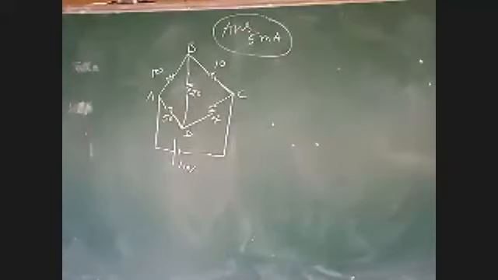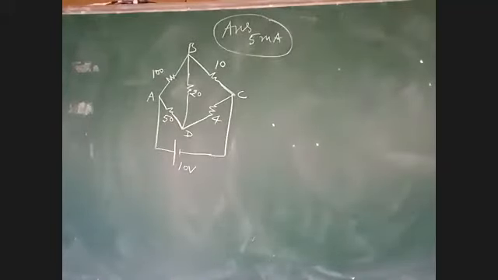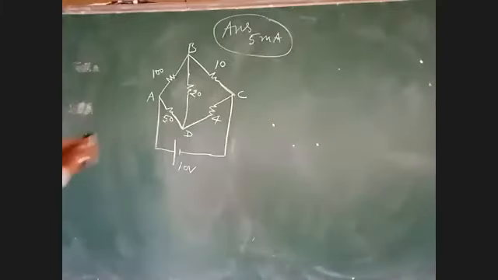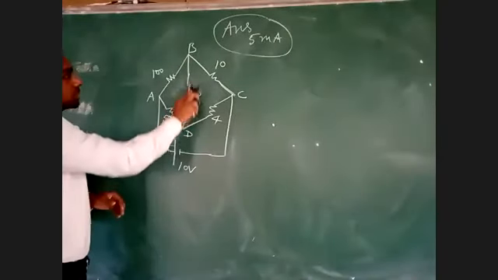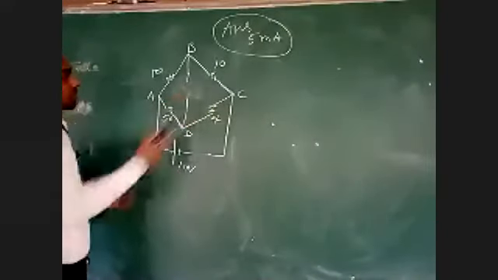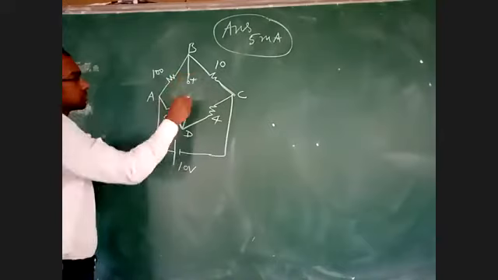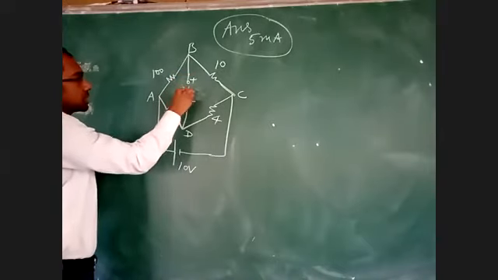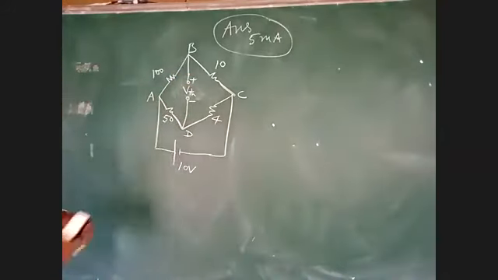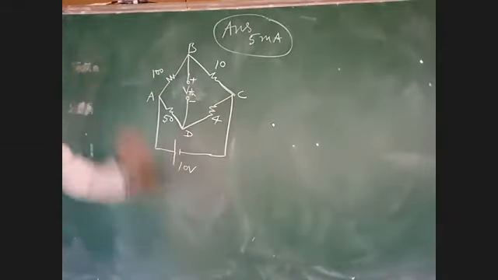Now what do I have to do in Thevenin's theorem? What is the first step? Remove 20 ohm and write it as VTH. In the 20 ohms, he is asking to determine the current. That's why I'll remove this 20 ohm and write it as VTH. I have to convert this entire circuit into a single voltage source. That is VTH.